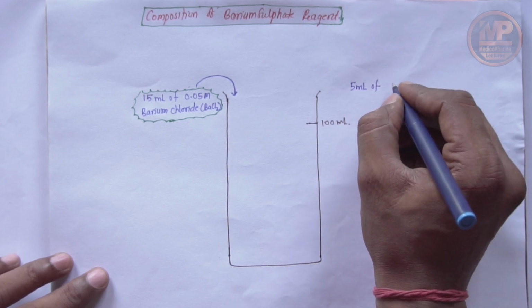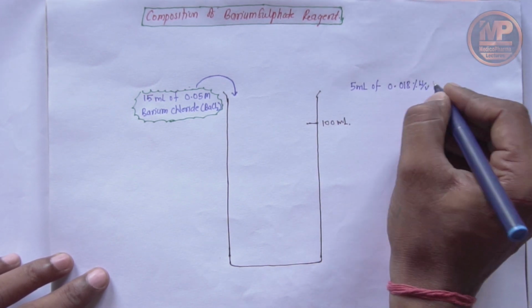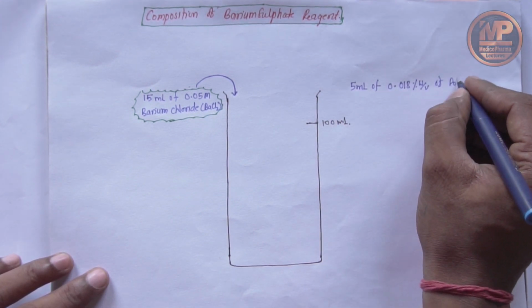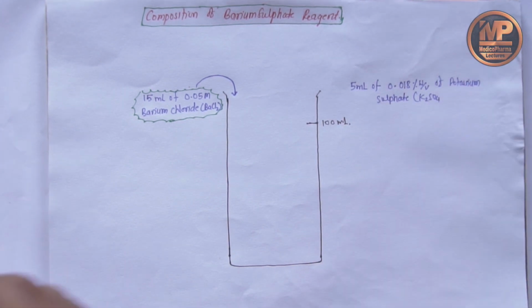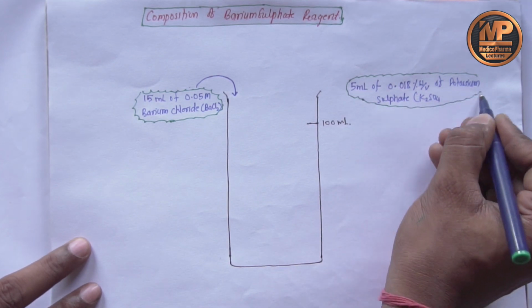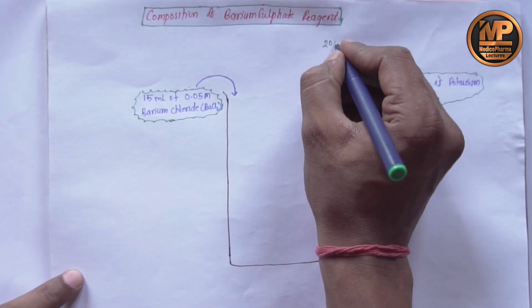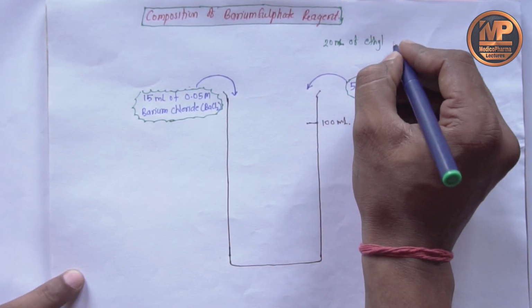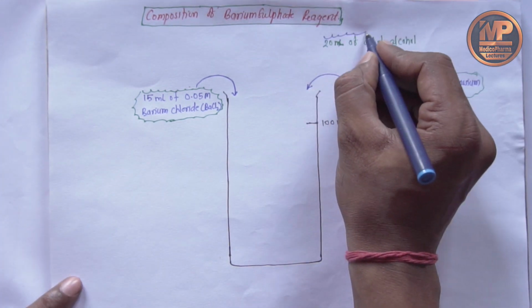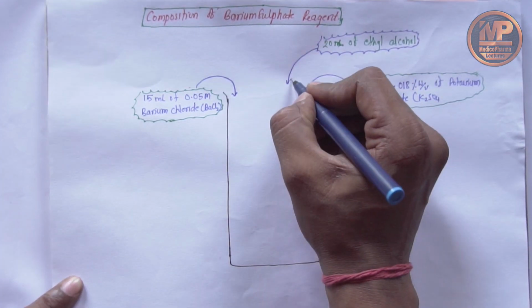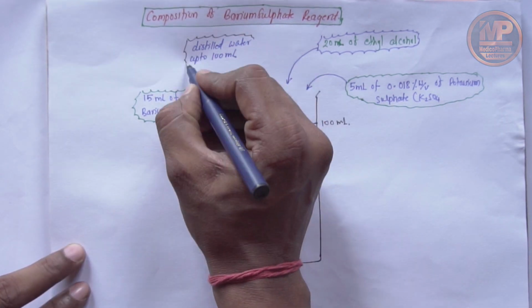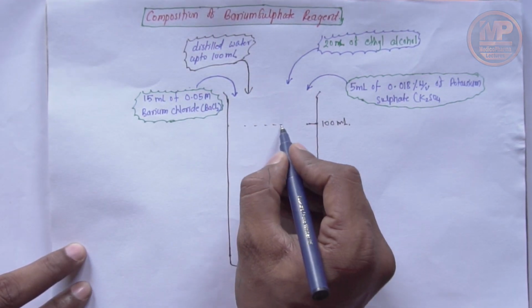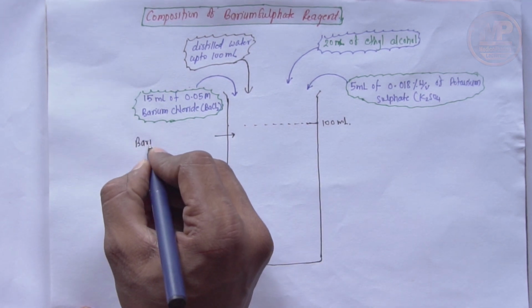Then we add 5 ml of 0.018% weight by volume potassium sulfate, K2SO4, which is a very small quantity. Along with that we also add 20 ml of ethyl alcohol to this solution, and finally we make up the volume up to 100 ml with distilled water. This resulting solution is called barium sulfate reagent.